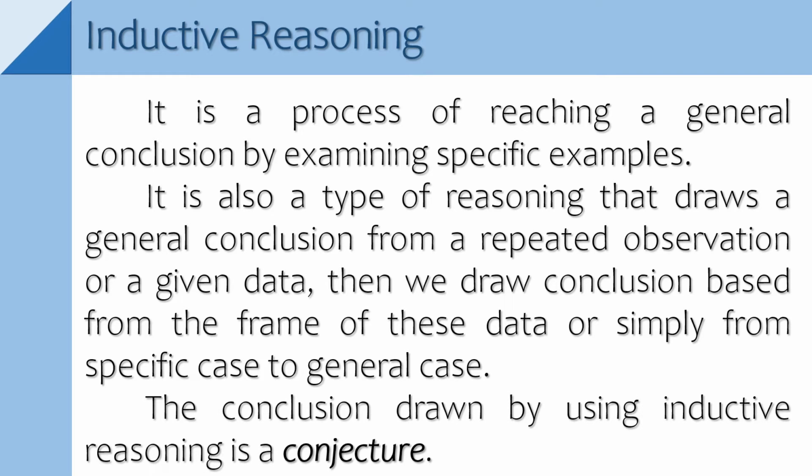The conclusion drawn by using inductive reasoning is called the conjecture. So we give a specific example, and through that specific example, we generate a conclusion, which we call the conjecture.